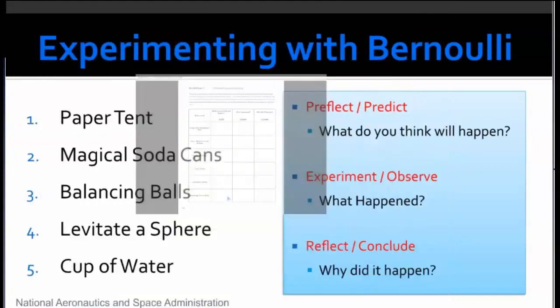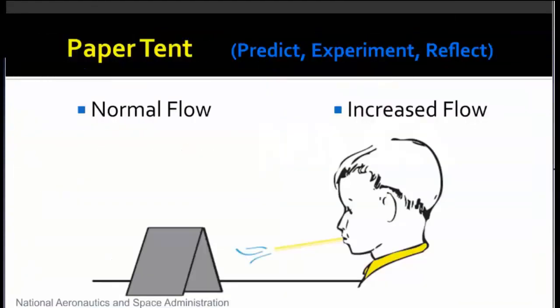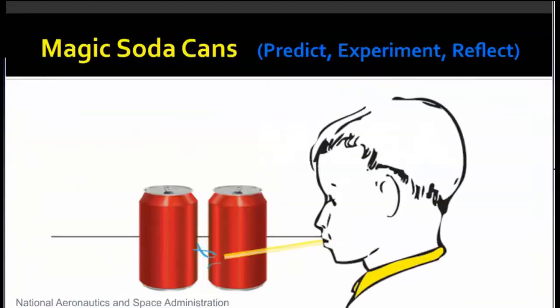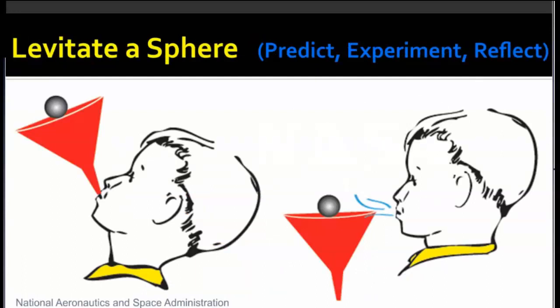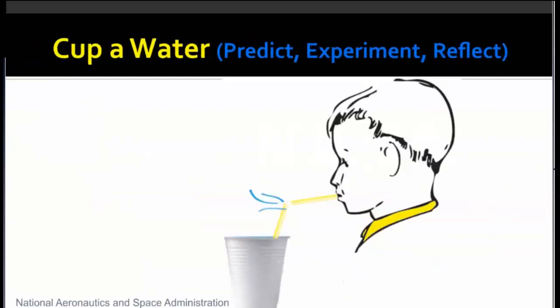And then this last one, let me just go ahead and hide this. I've got these all within the PowerPoint as well, but I didn't have a picture of the log. So with the cup of water, and this is typically the last activity you let your students do. The reason it's the last activity is because you've got to cut the straw in half. You've got one piece of straw that's in the water and one piece of straw that's out of the water.